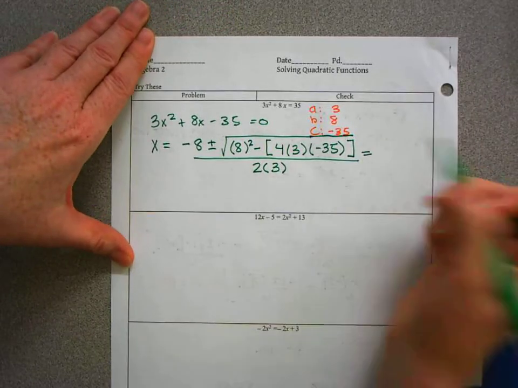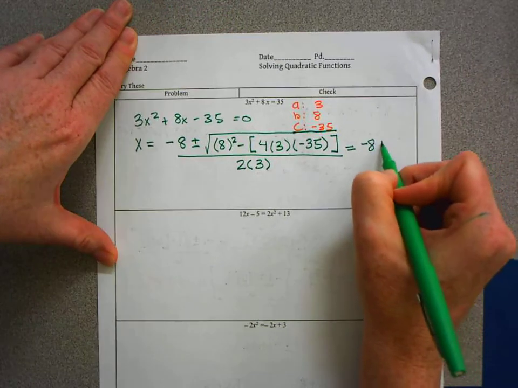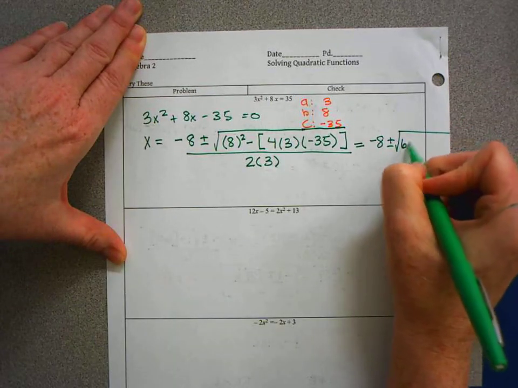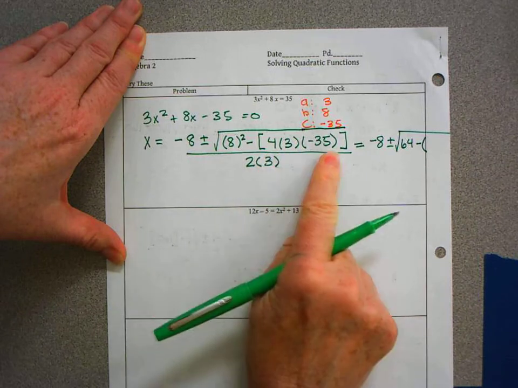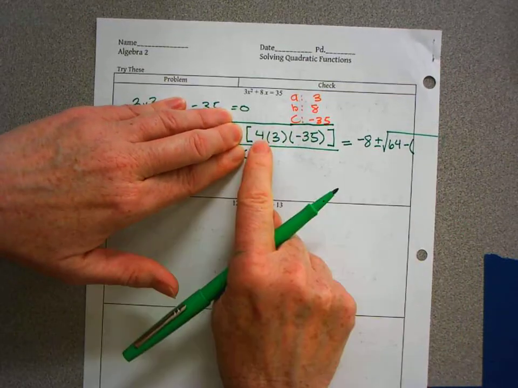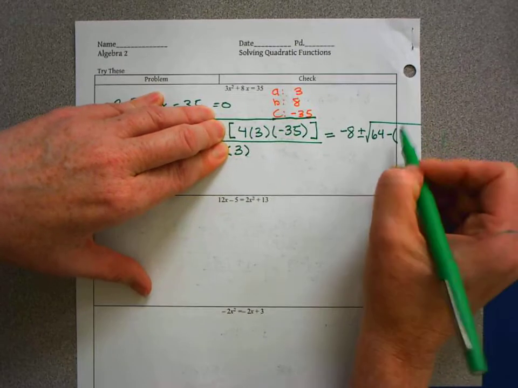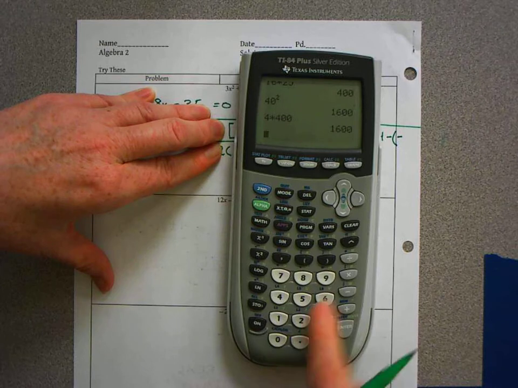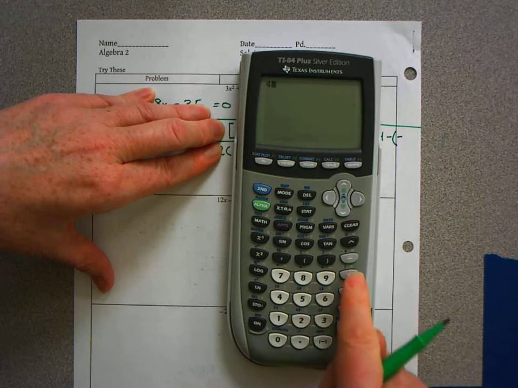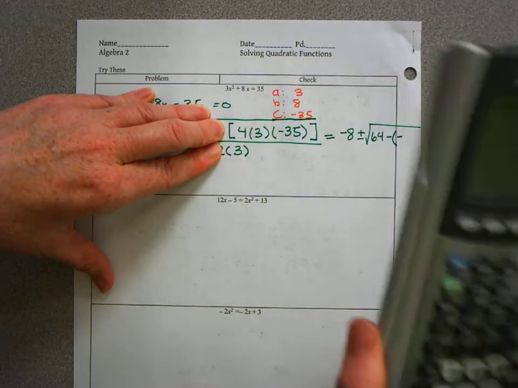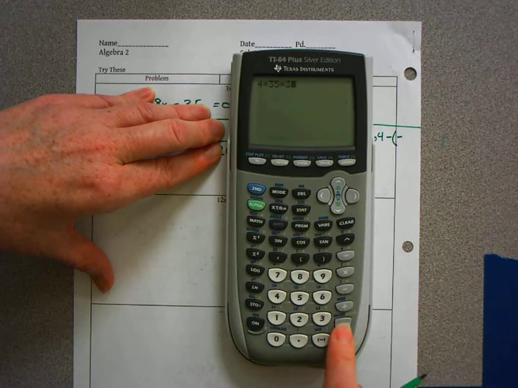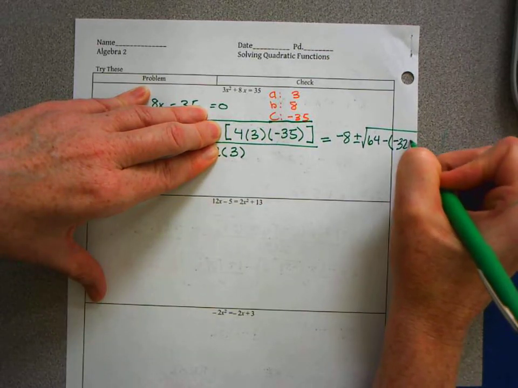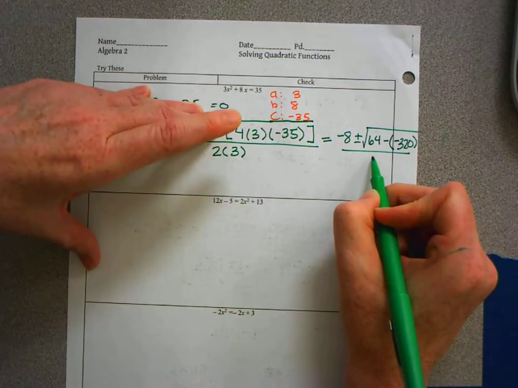So moving along, we get negative 8 plus or minus the square root of 64 minus, let's do this multiplication. A positive times a negative is going to be negative. So 4 times 35 times 3, okay, 20. Now I determined already it's negative, so it's negative 320 all over 6.